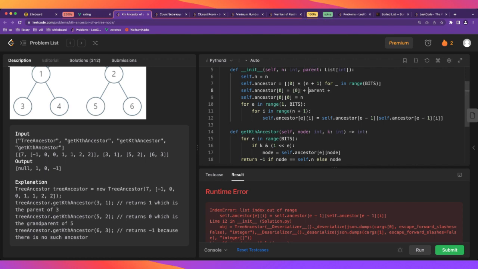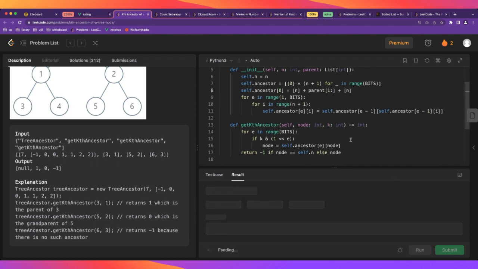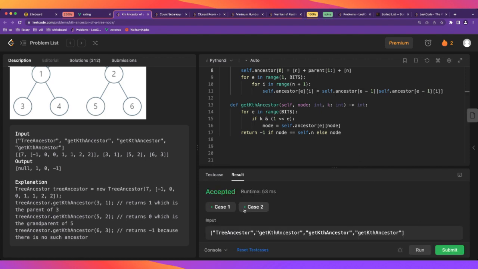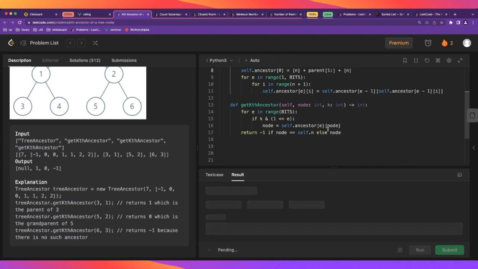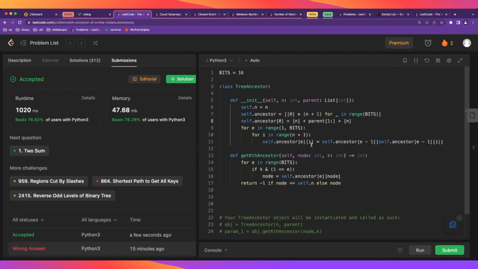We want the parent of the root to be n. We want to ignore the -1, and we want the parent of this special node to be itself. So okay, it passes the second example. And it accepted.